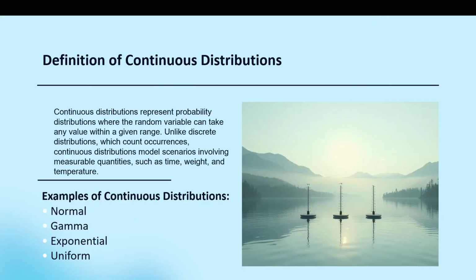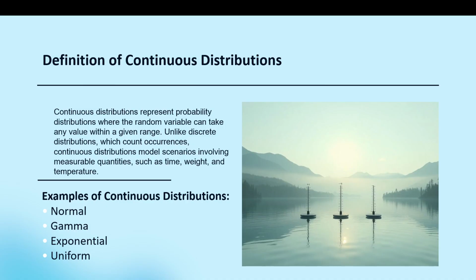Now let's talk about continuous distributions. Continuous distributions apply to measurable data like time, weight, or temperature. Unlike discrete, these variables can take any value in a range. For example, we have normal, exponential, gamma, or uniform.